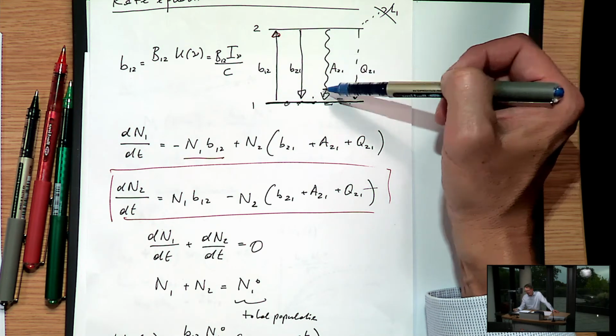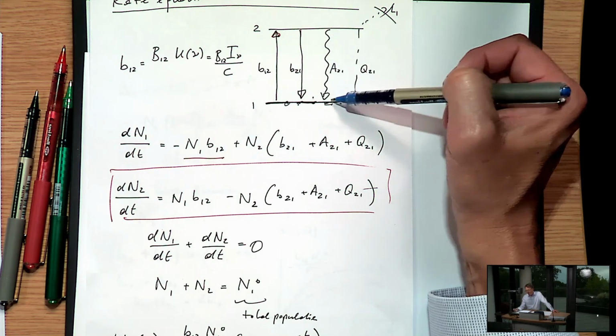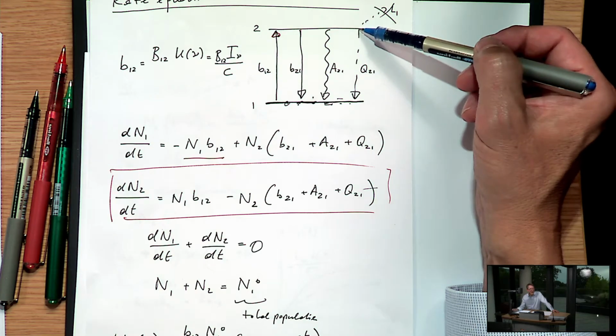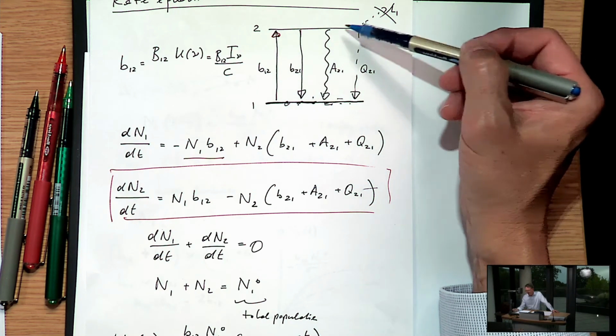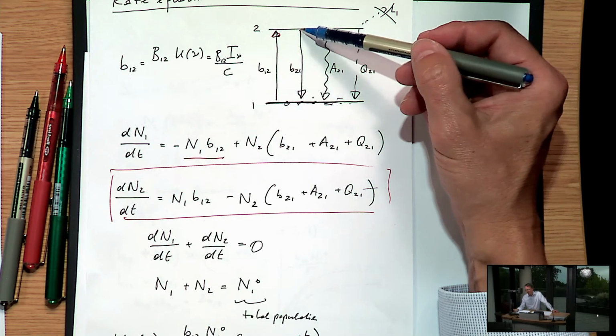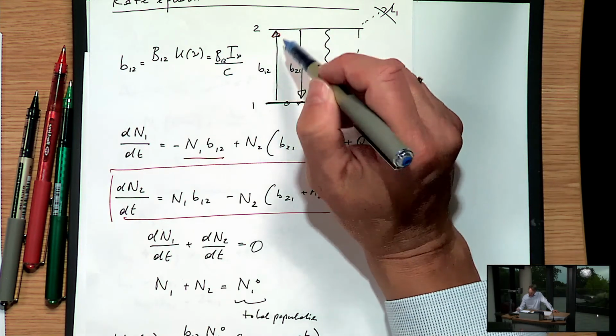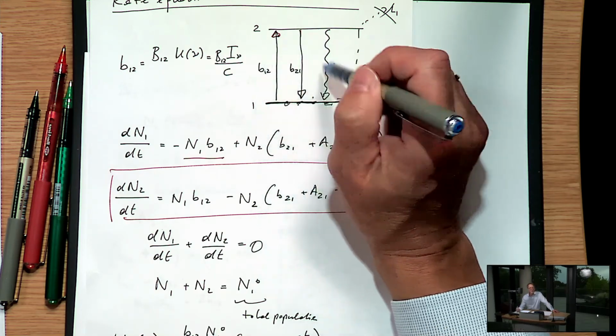And the system doesn't have time to emit photons by spontaneous emission. It doesn't have time to collide and quench down, because before any of this is likely to happen, another photon is much more likely to arrive to de-excite it down. So essentially you're just cycling population up and down.